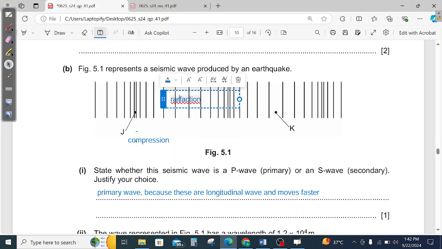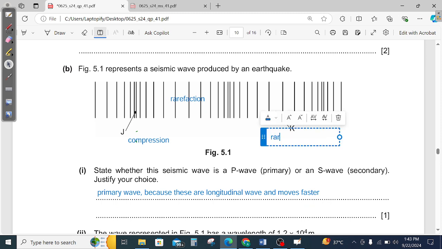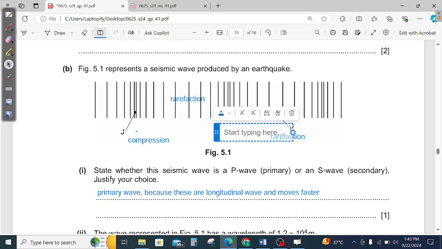This also is rarefaction. Okay, the distance between two consecutive compressions or rarefactions is called wavelength. I will write here also compression.